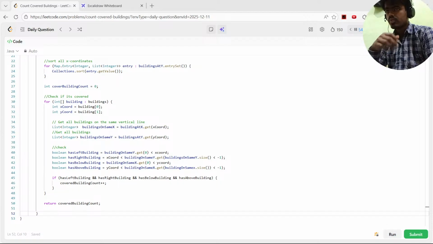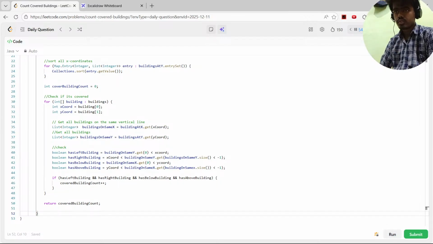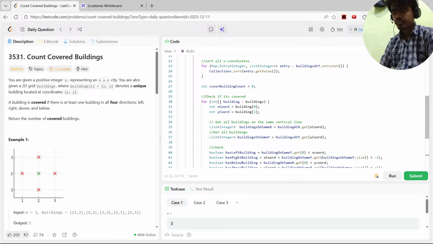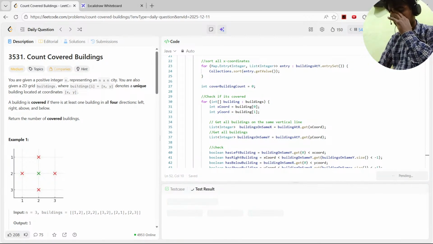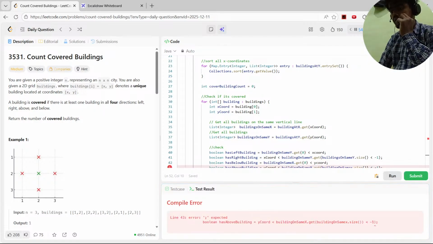Now you have to run the code. I think there are many errors. I have to write, compilation error is coming.